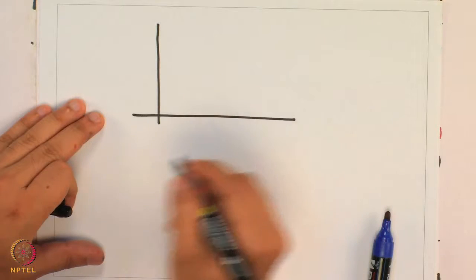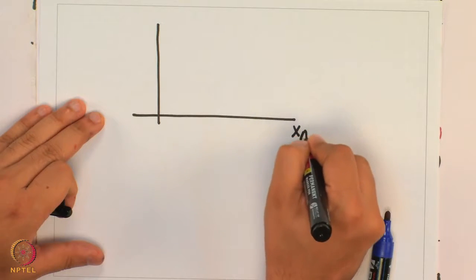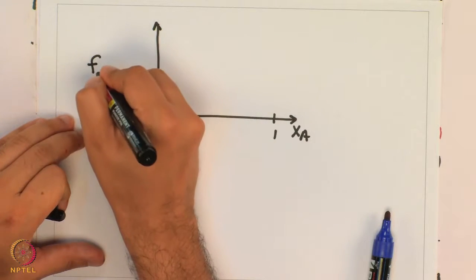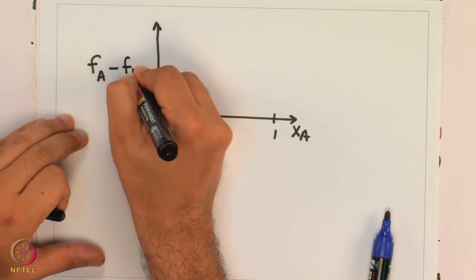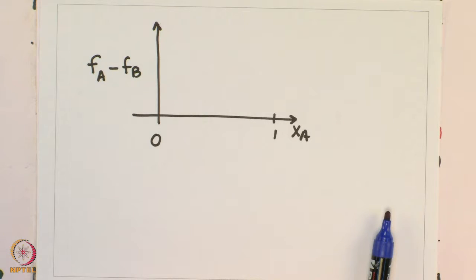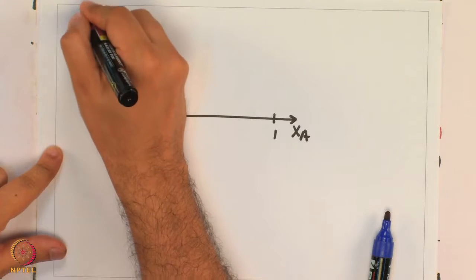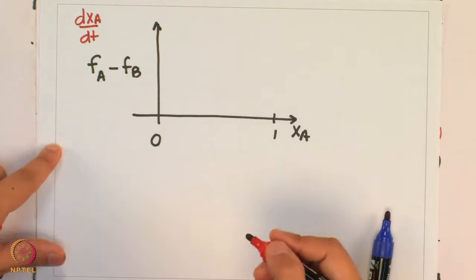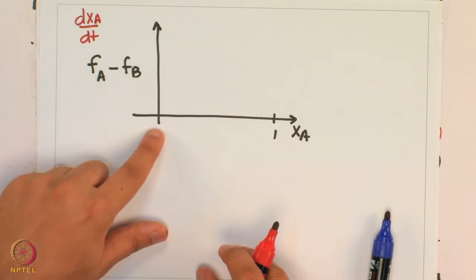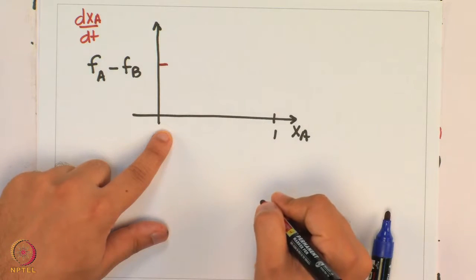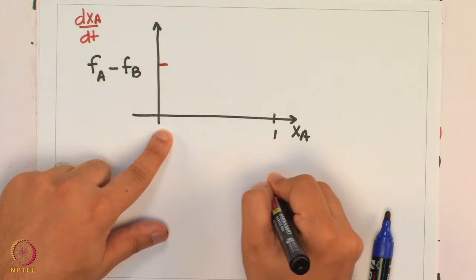Graphically, if this is x A, this is essentially f A minus f B that we analyzed, and this is 0. What this is telling us is that the sign of f A minus f B, which is the same as the sign of dx A by dt, you should convince yourself of that, is that when x A is small, this quantity is positive, and when x A is large, this quantity is negative.